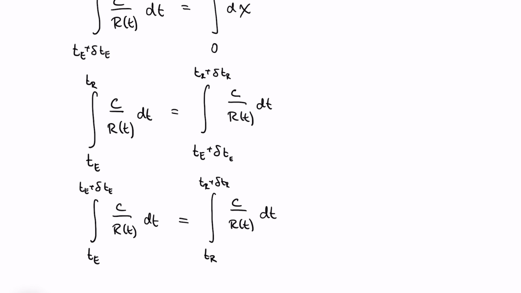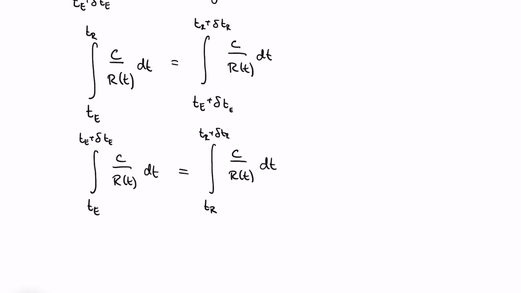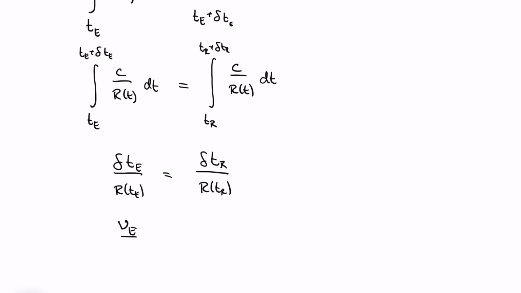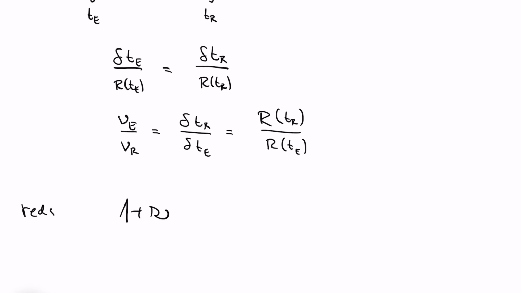But since the time intervals are infinitesimal, the integrands may be considered constant, and we arrive at this relation. These time shifts may be the delays between two crests of the light wave. In other words, this may be the period at the place of the emitter and the period at the place of the receiver. So we can write this ratio of frequencies. And the redshift z is actually defined in this way.